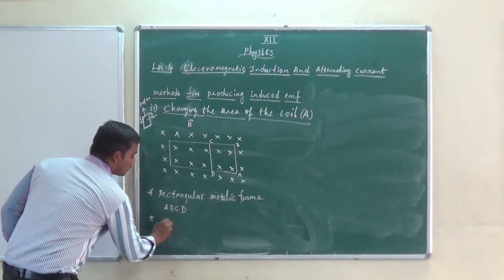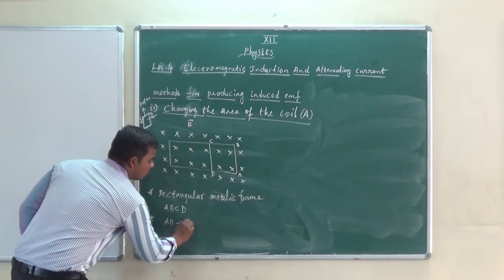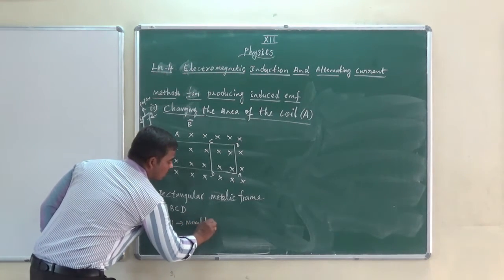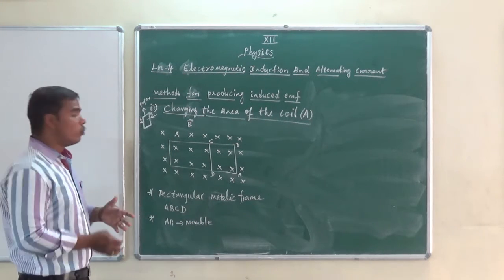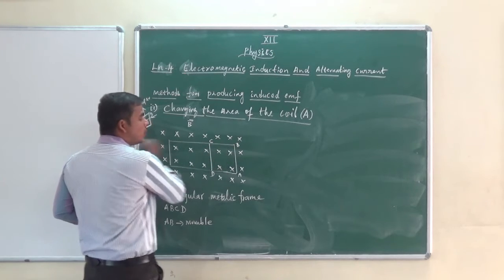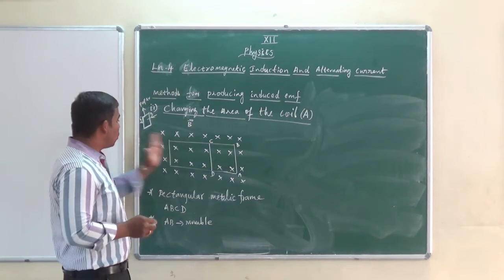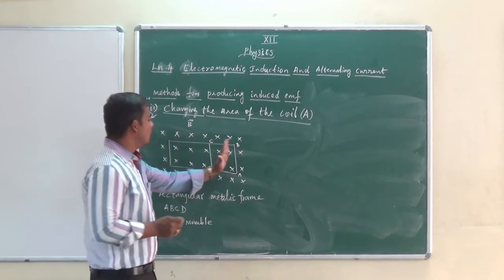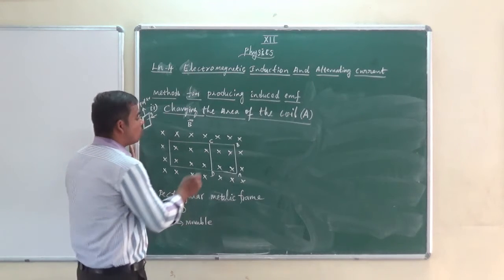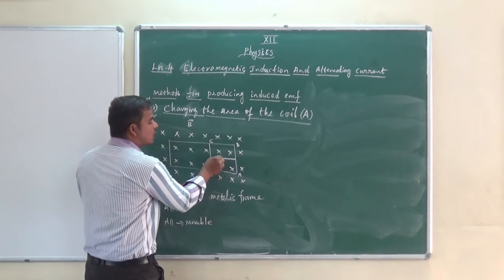In the rectangular frame A, B, C, D, the side AB is movable. Movable means we can move it, towards the left side of the magnetic field, with a certain velocity.